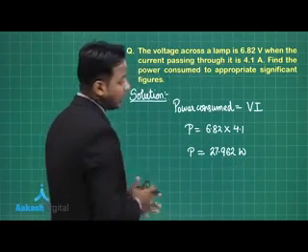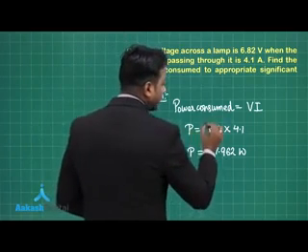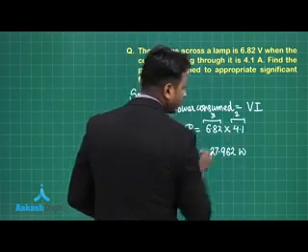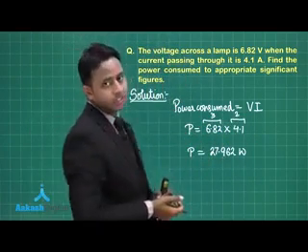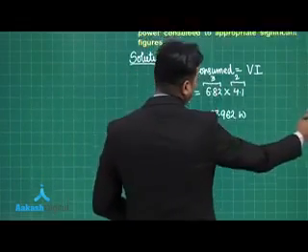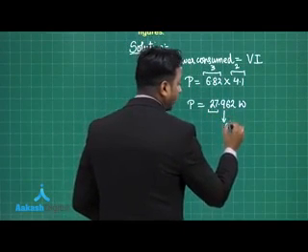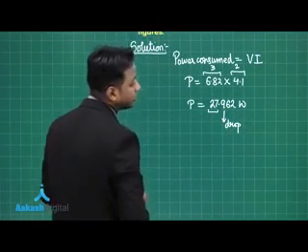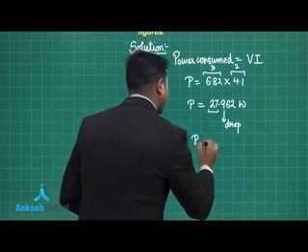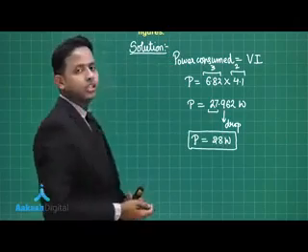But tell me, the answer should be specific as per the rules of significant figures. The first number is having 3 significant figures, this number is having 2 significant figures. So how many significant figures do you need to carry in your answer? Obviously the least, that is 2. So in this manner I need to take up till this, but I need to drop this 9. And whenever I am dropping a number which is greater than 5, I need to add 1 to the preceding digit, and that's why the power is 28 watt. And this is the answer we were searching for.